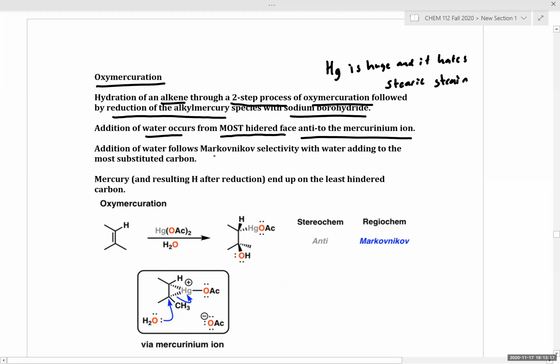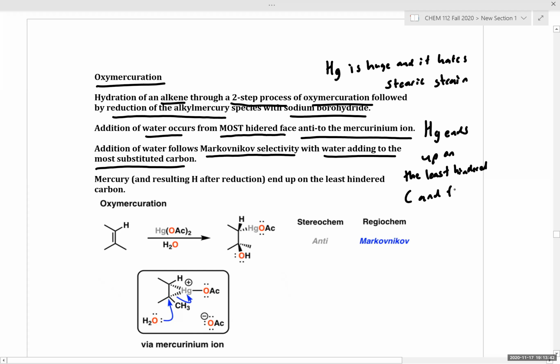Addition of water follows Markovnikov selectivity, with water adding to the most substituted carbon. The way that I like to think about it is mercury ends up on the least hindered carbon and face.